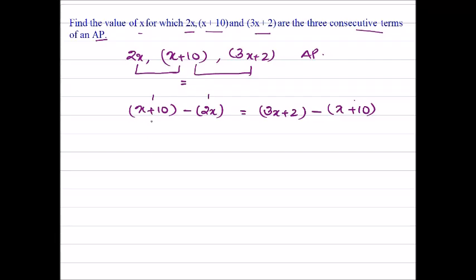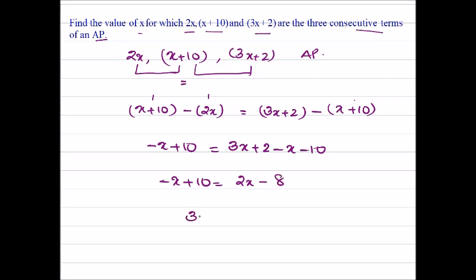So we can simplify: x minus 2x plus 10, which is equal to 3x plus 2 minus x minus 10. That is, minus x plus 10 is equal to 2x minus 8.